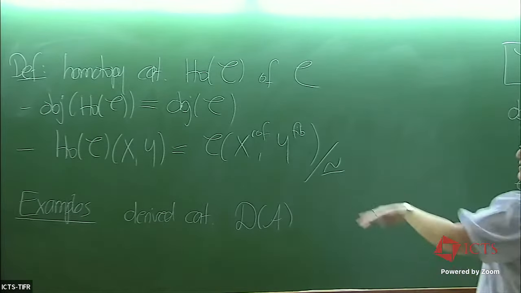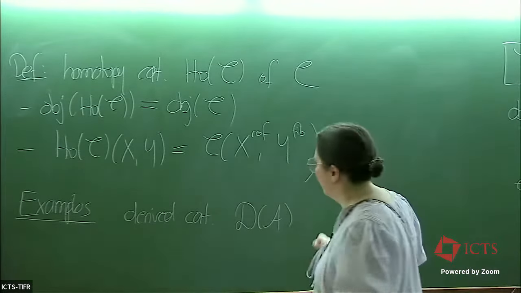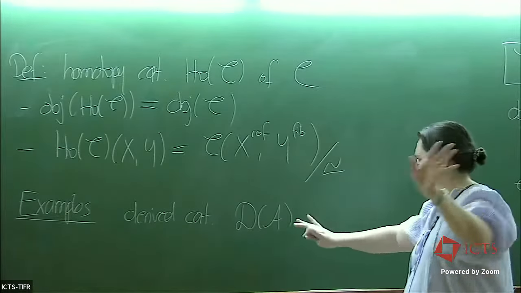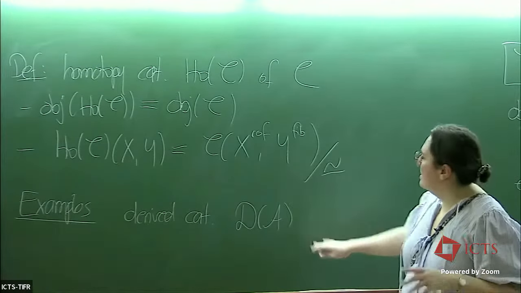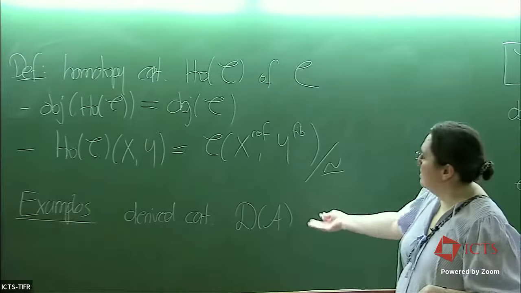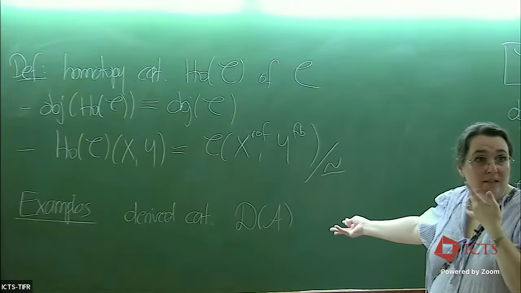Just that the cofibrations are a bit harder to write down than what I did, but it's very, very similar. You can ignore the subtleties here, but that is the homotopy category of a model category.